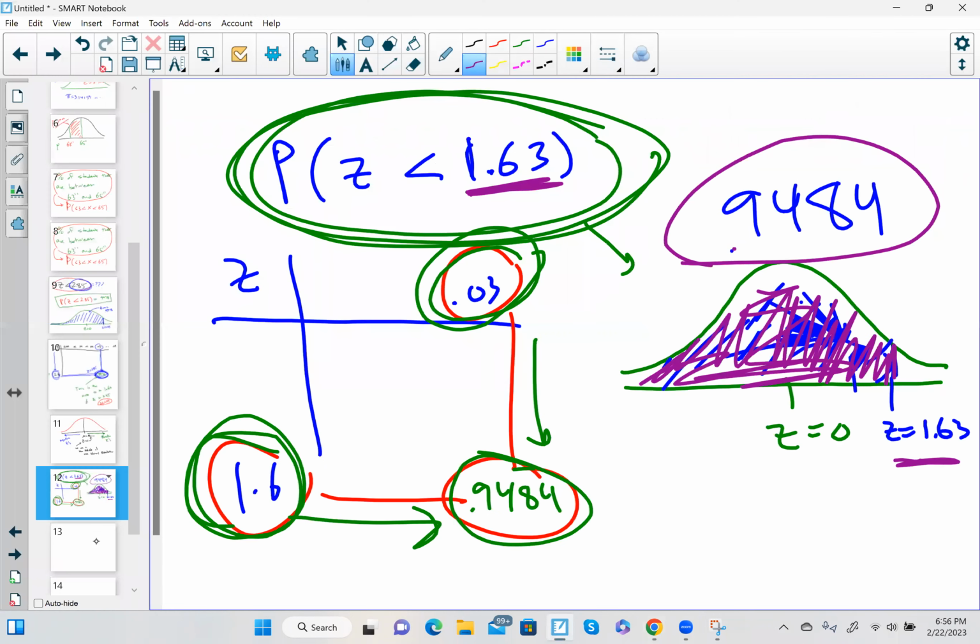Let's draw a picture for that. Here's a normal distribution. We know Z equals 0 is always in the middle, so Z equals 2.85 is out here somewhere, and I'm going to draw a vertical line.